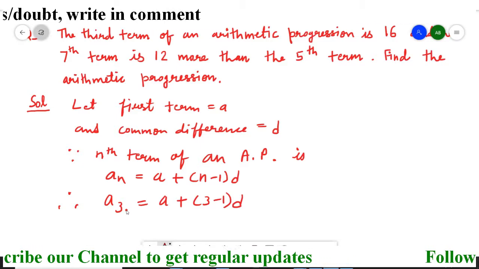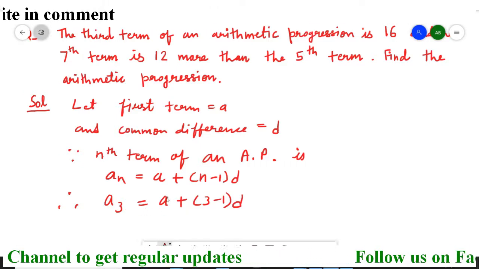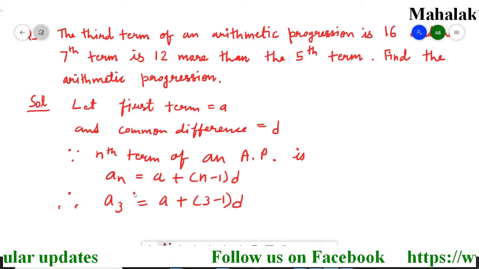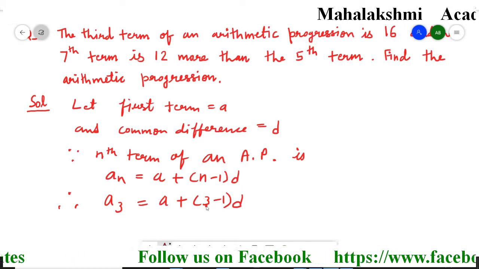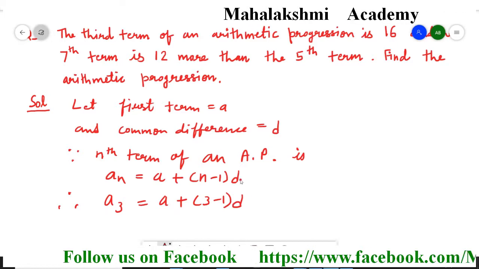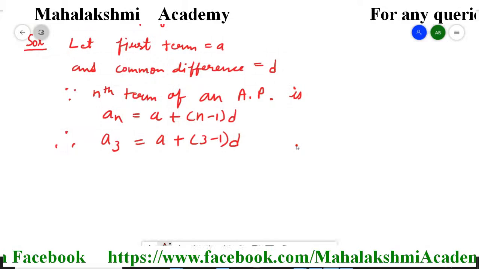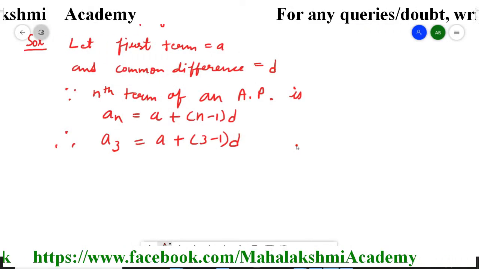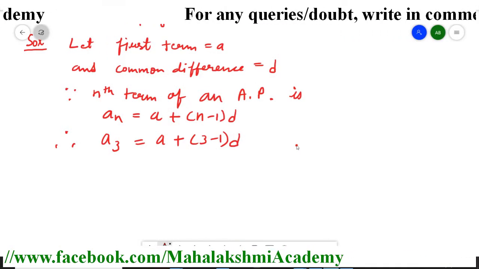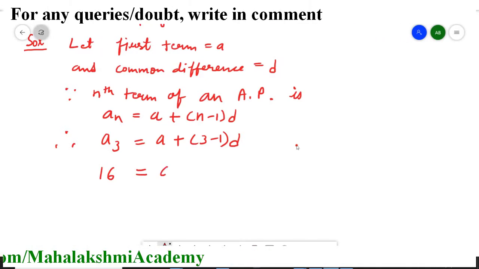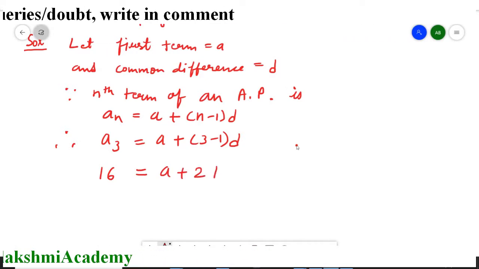Because the third term is available to us, and when we are calculating the third term, n is 3. So instead of n I replaced it by 3, and A and D we don't know, so I kept them as they are. Now in the next step, instead of A3, how much is A3 given to us? 16. The third term is 16. So we write here 16, then A plus 2D.